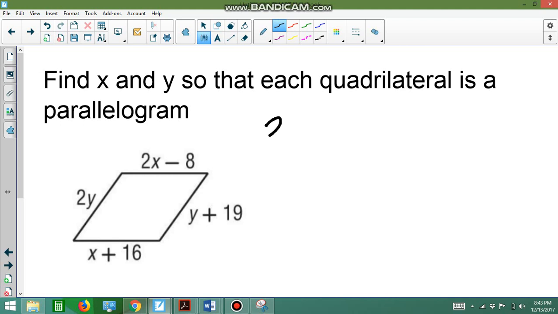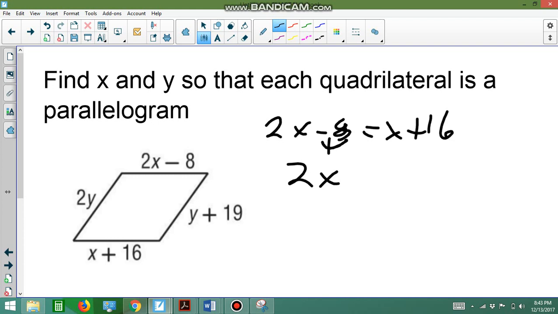So to solve for x, we'd say 2x minus 8 equals x plus 16. So 2x, let's see if we add 8 to both sides. I know I'm doing that a little backwards. So we've got x plus 24.